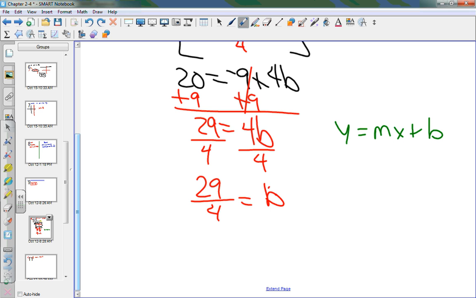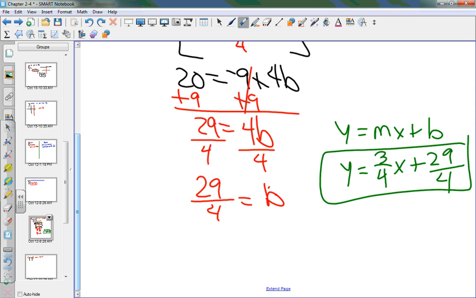I write down y equals mx plus b. What stays? The y and the x stay. So y stays with m, 3/4, that was given. The x stays with b, 29/4. Am I done? Yeah. Can I box it in, Alan? Oh yeah.